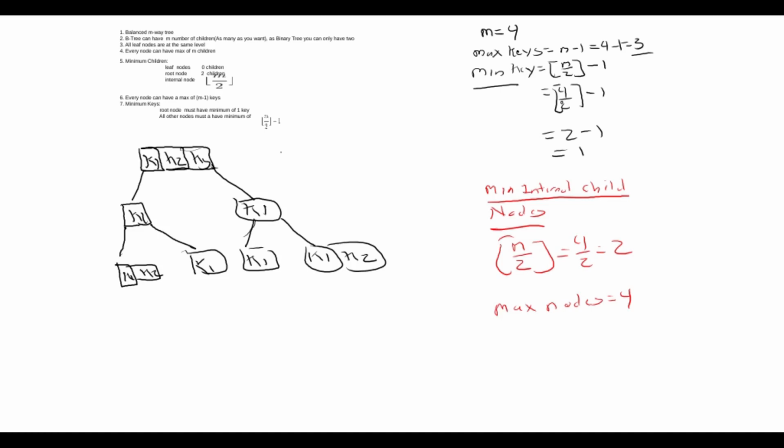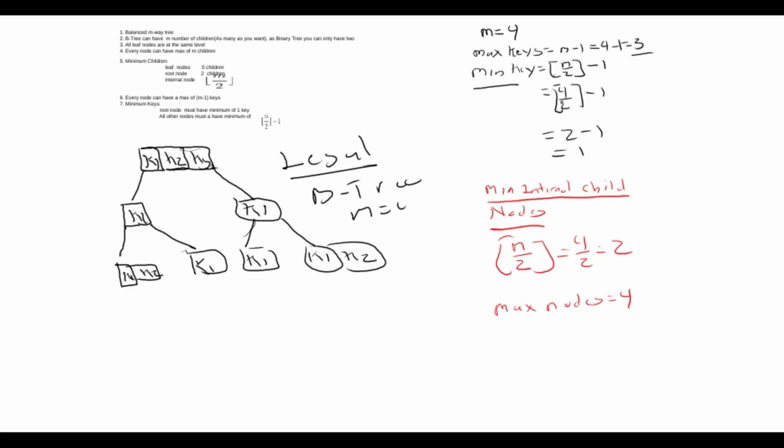We have to have a minimum of 1 key, but we have to have a minimum of 2 internal nodes. Internal nodes must have a minimum of 2 children. So this is legal, and it is a B tree of M equals 4.